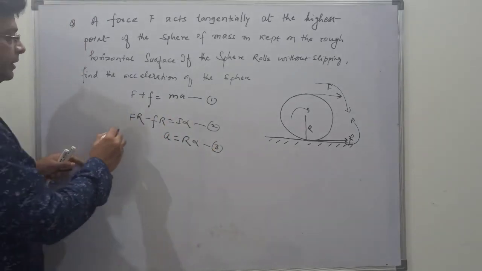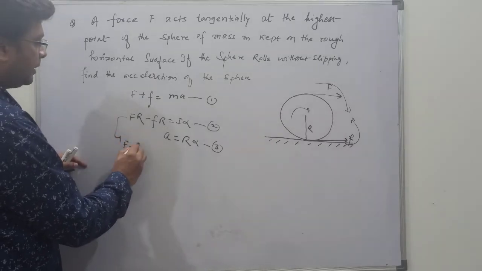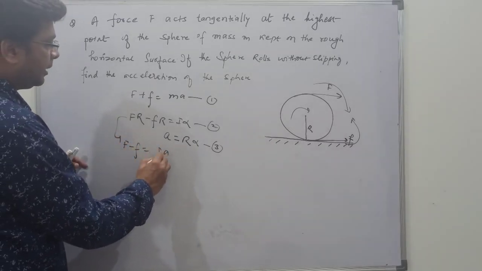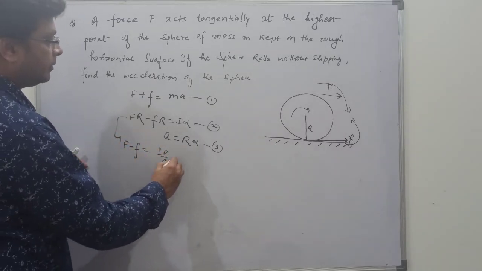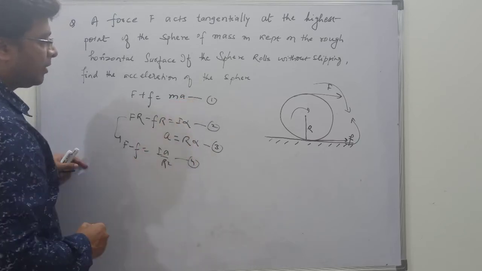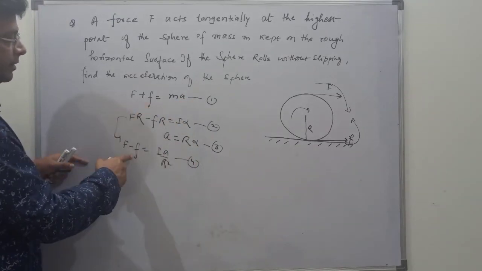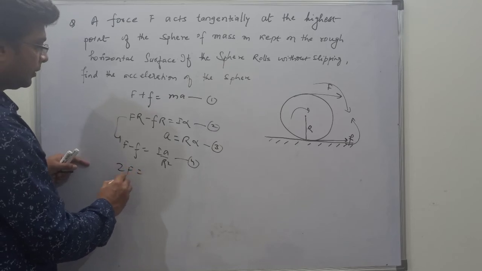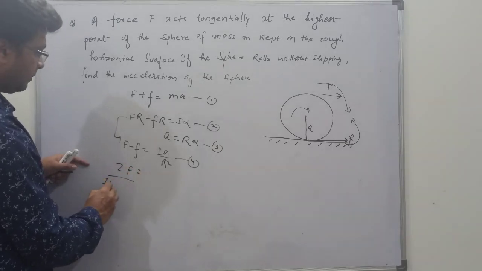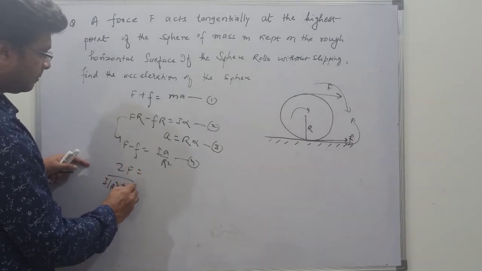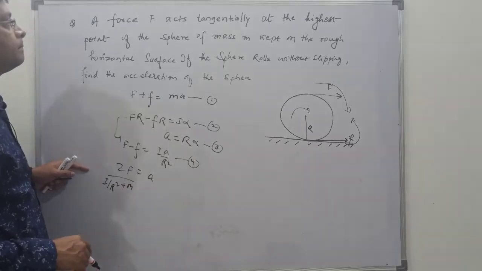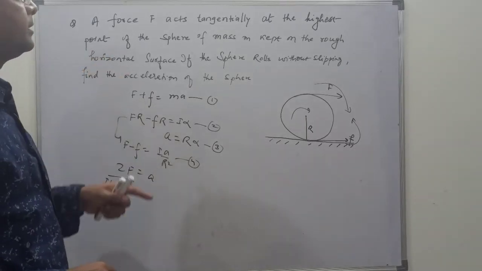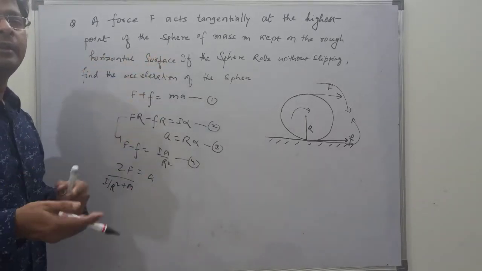Now let's solve it. F minus f I can write IA by R square. This is equation 4. Just add 1 and 4. F will get cancelled out, small f, friction, will get cancelled out. So 2F is equal to I by R square plus M, this is equal to A. Now since it is a sphere, nothing mentioned about dimensions, we can take it as a solid sphere.